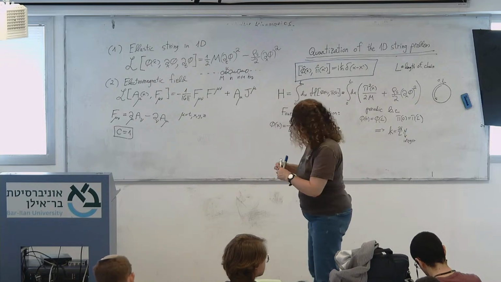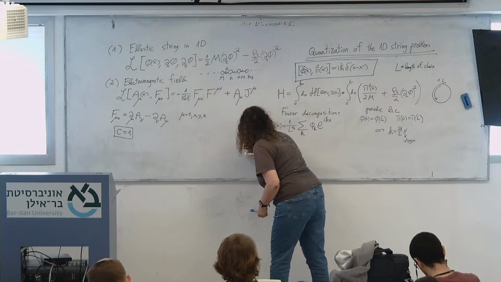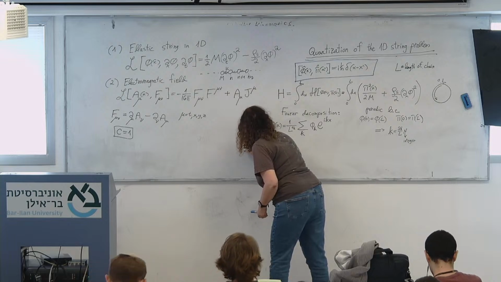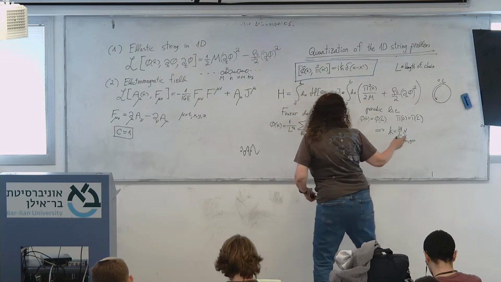Okay? So if you think of a discrete chain, then one mode may be something that looks like this.